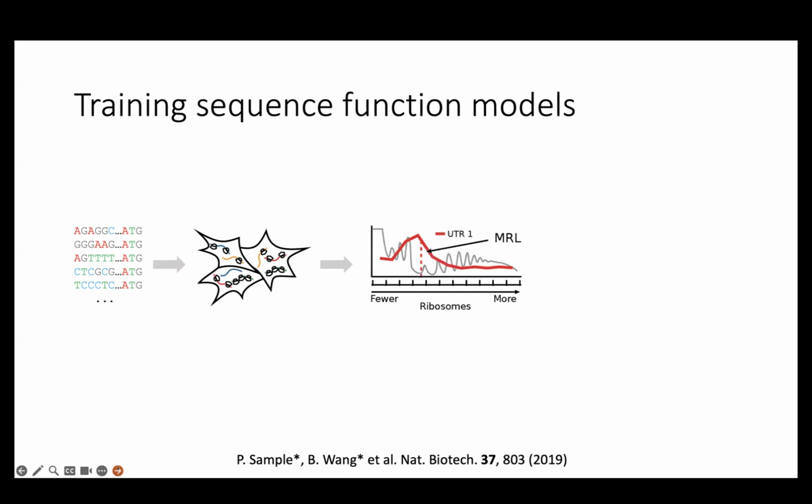Then we perform some sort of experimental workflow that essentially allows us to determine for each message how many ribosomes are sitting on it. And that's kind of a metric of the ability of that particular message to load ribosomes, right, to do translation. And of course, since the only thing that changes about each message is the 5' UTR, it's effectively a metric for how good a particular 5' UTR is at loading ribosomes, right?